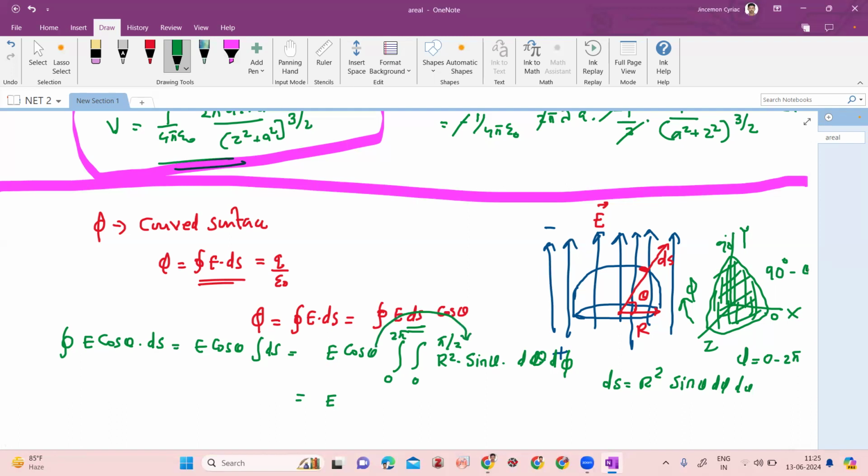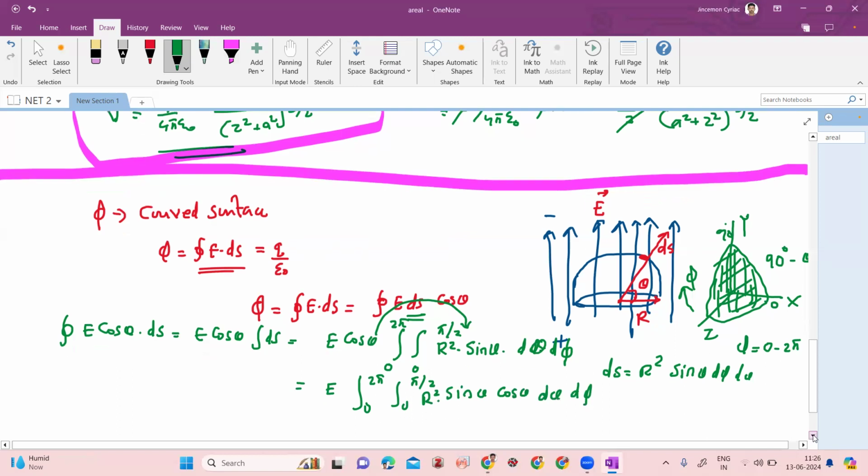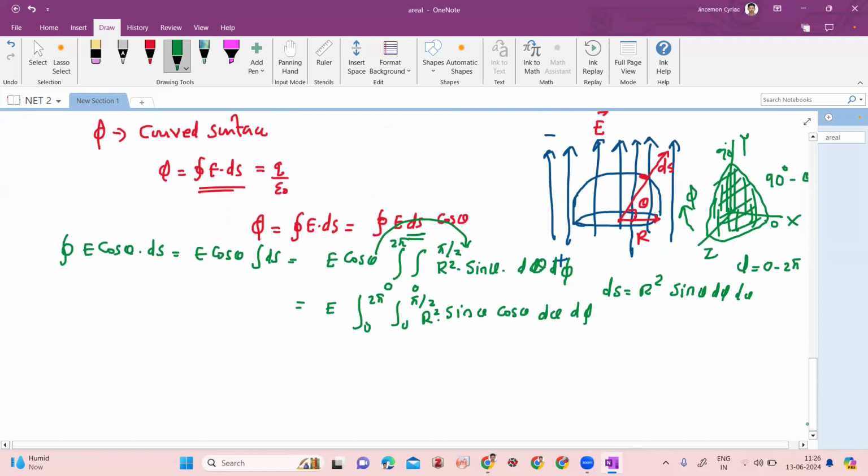So this is equal to E into the integral from 0 to 2 pi, integral from 0 to pi by 2, r square into sin theta cos theta d theta d phi. Where cos theta is there, it's also a variable with respect to theta. So it is sin theta cos theta, a product, and it is very difficult to differentiate.